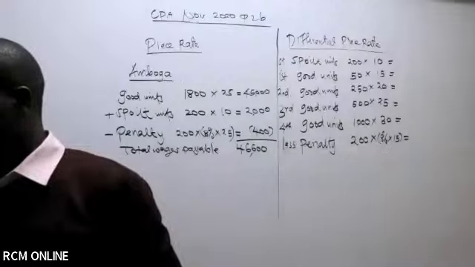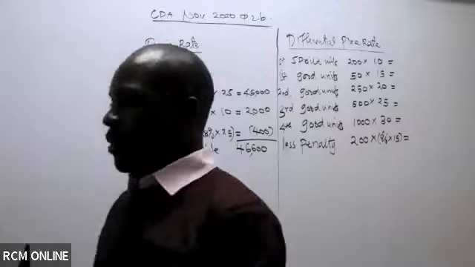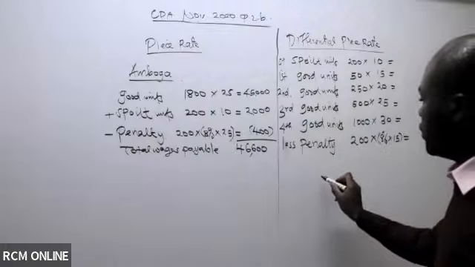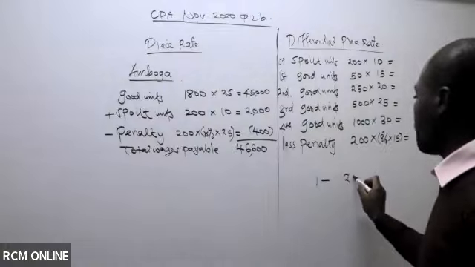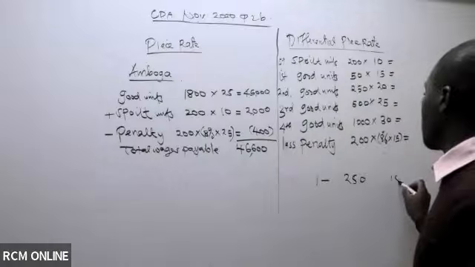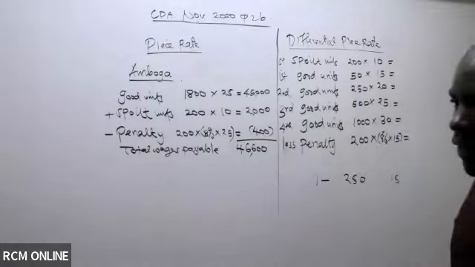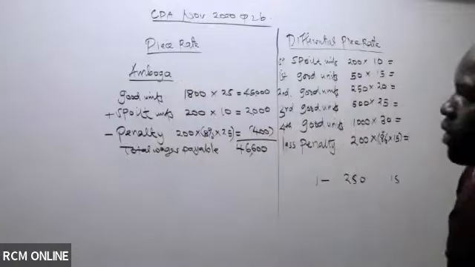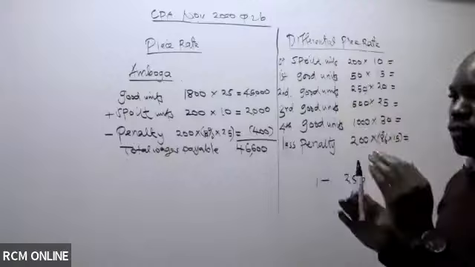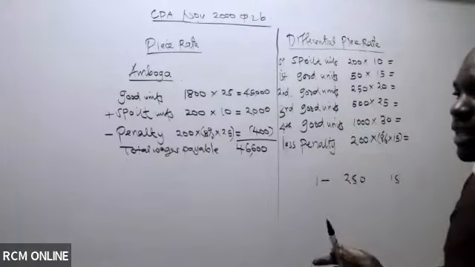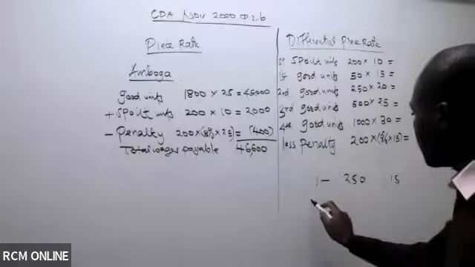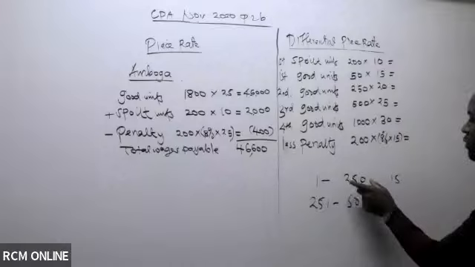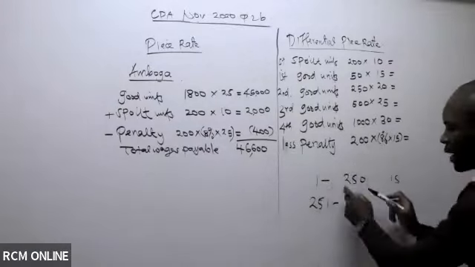Where did we get the first good units of 50? We are told that within the first batch, any units from 1 to 250 will be paid 15 shillings. The examiner stated very well that Amboga had 200 spoiled goods. And under the piece rate method, the 200 spoiled goods will be deducted from the first range, 1 to 250. If you have spoiled goods, they come out of here.